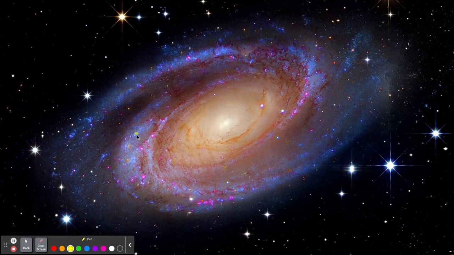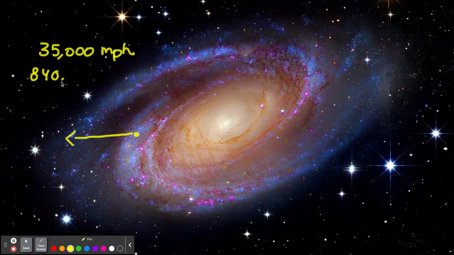So again, let's just say that they're right here. And let's say they were heading to the rim, how long would it take them? They're going 35,000 miles per hour. That's about 840,000 miles per day. Seems like a lot.